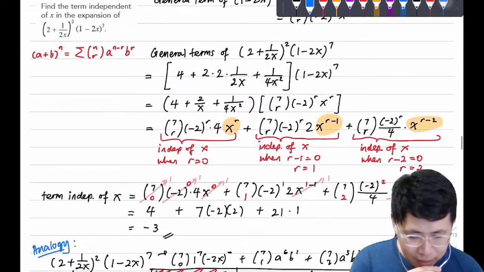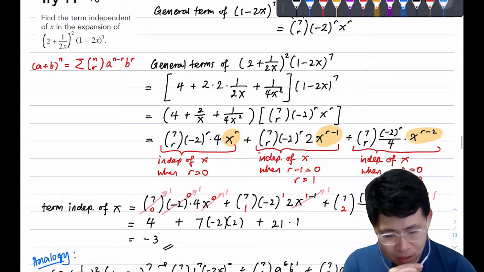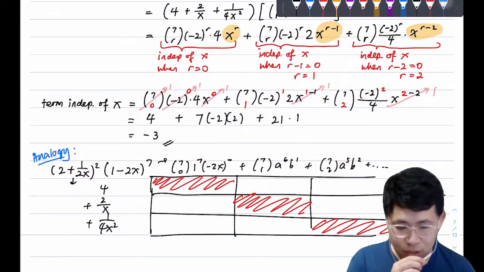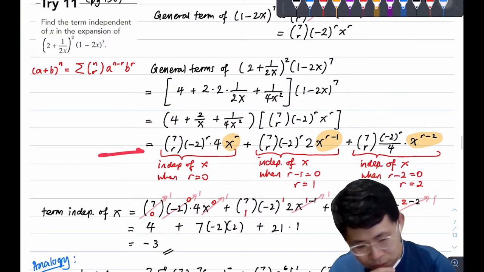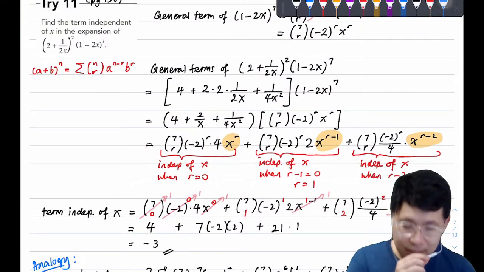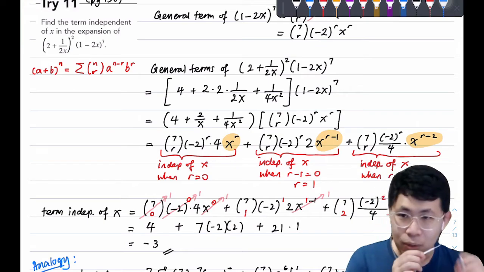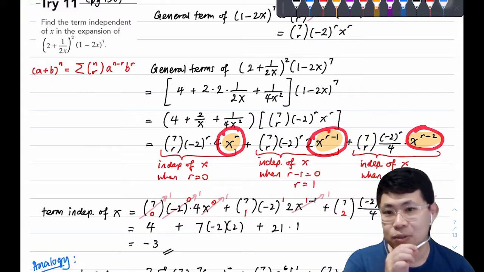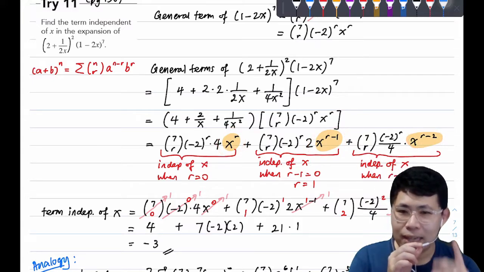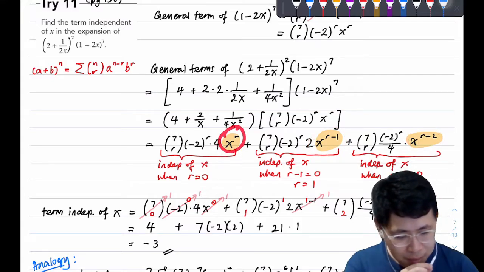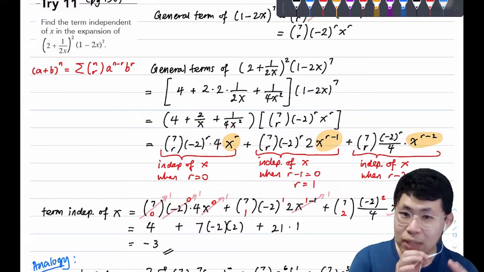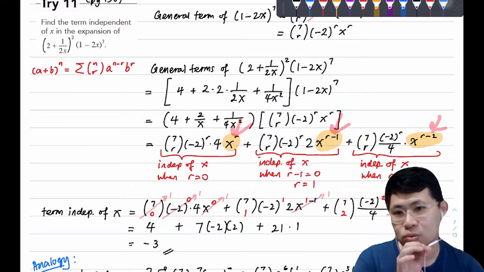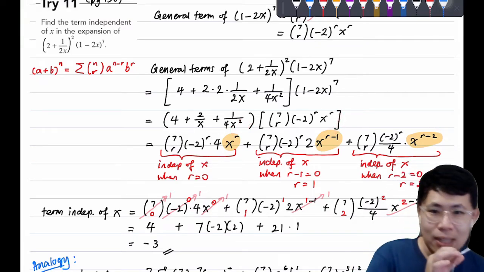The main concept is the full analogy: to locate the term independent of x, this power of x must equal 0. If you're looking for the x term, this power must equal 1. If you're looking for the x squared term, these powers must equal 2. So it's just an application like that.